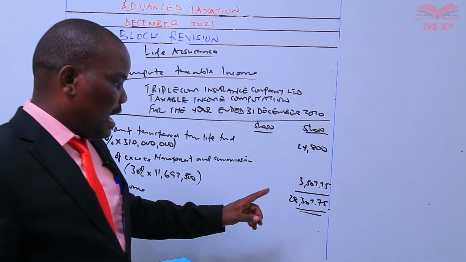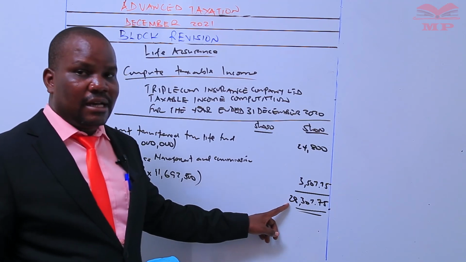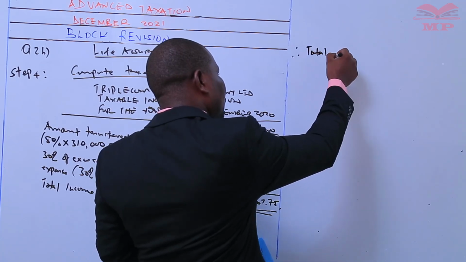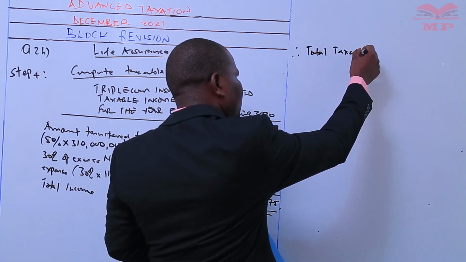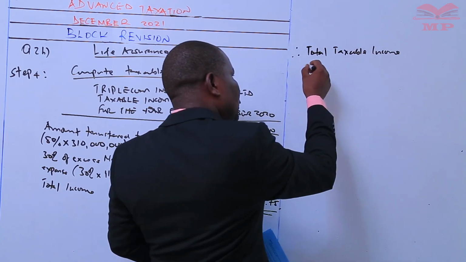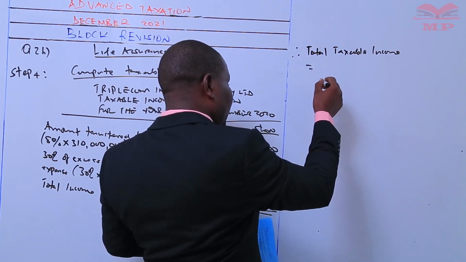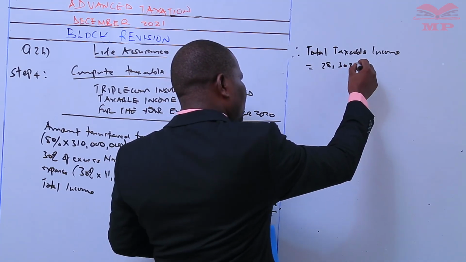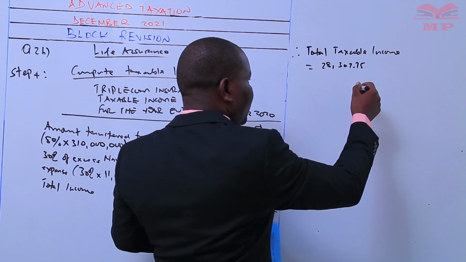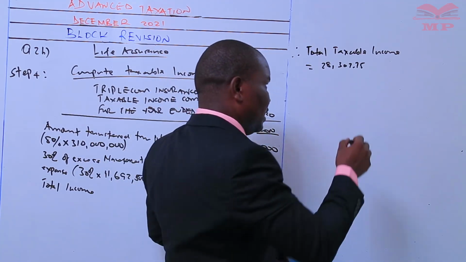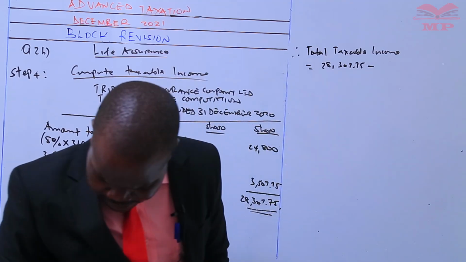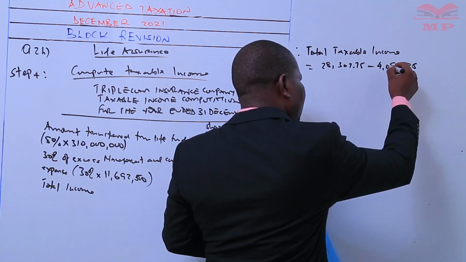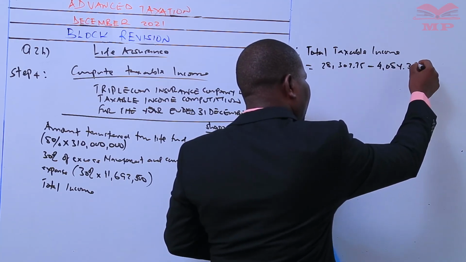So what we do, we add this to whatever we got under general insurance. Therefore, total taxable income of the company will be the taxable income from life assurance, which we have as 28,307.75, plus the income from general insurance. But we realized a loss from that, so we say less 4,084,350.